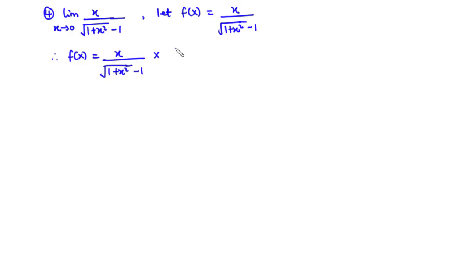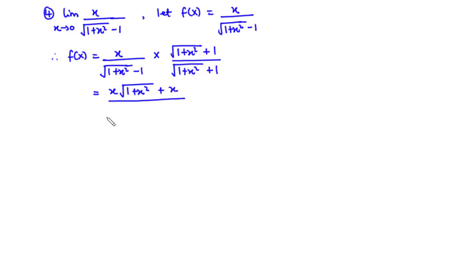We multiply both the numerator and the denominator by the conjugate of the denominator. Now let's simplify this. Let's multiply across. So we have x times the square root of 1 plus x squared, which is x times square root of 1 plus x squared, and then 1 times x, or better still x times 1 is x.